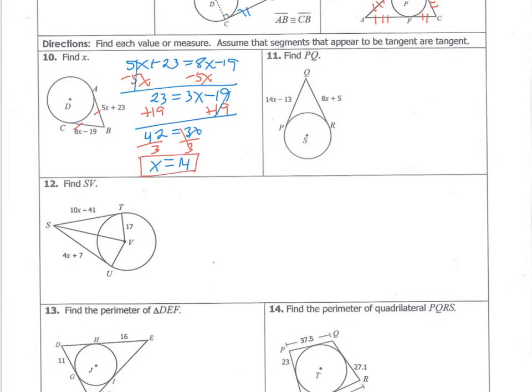Did you get 14 for x? How could you check to see if you're right? Plug it in and make sure that AB is congruent to CB.